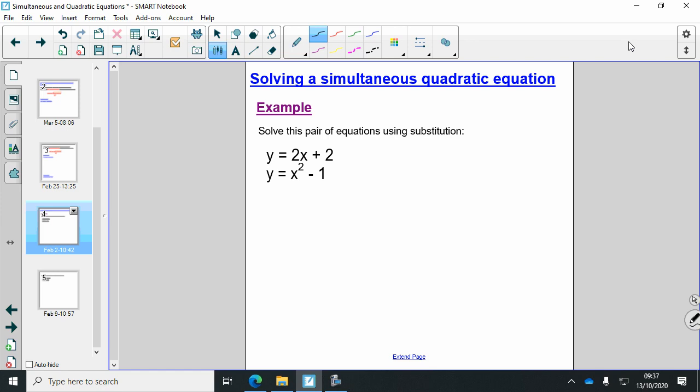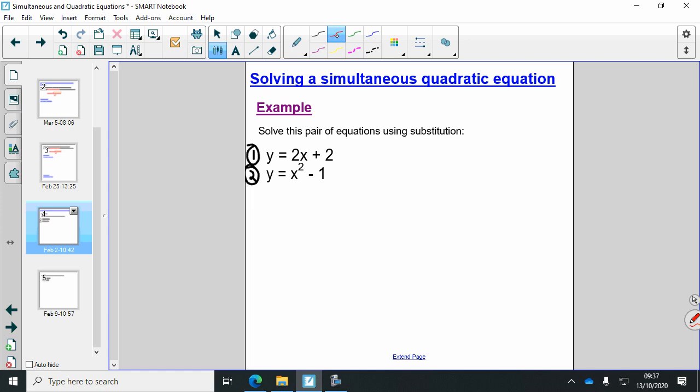So firstly, let us label the equations. Now we're going to eliminate the y's by using a method called substitution. This just means replacing one y with what the other y is equal to. From the first equation, y is equal to 2x plus 2.